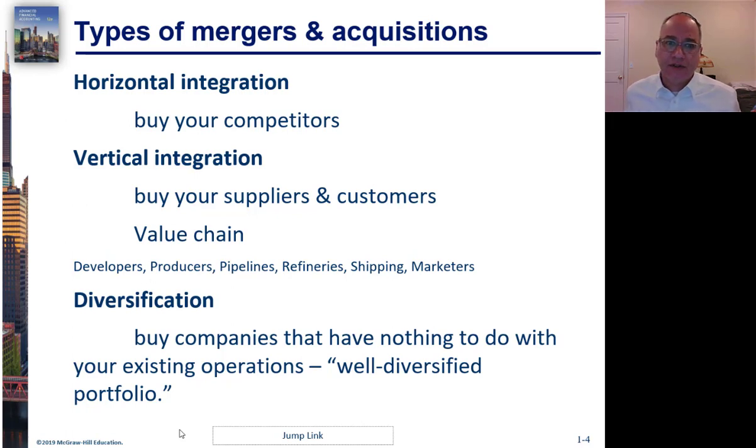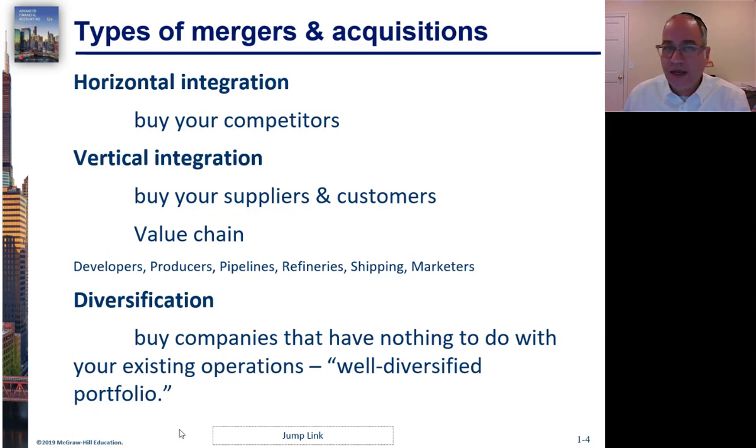Another example of vertical integration is AT&T and Verizon Wireless. Especially Verizon has been buying media companies, so that when you access media on your cell phone, you may actually be accessing content which was created by Verizon. That's an example of vertical integration.